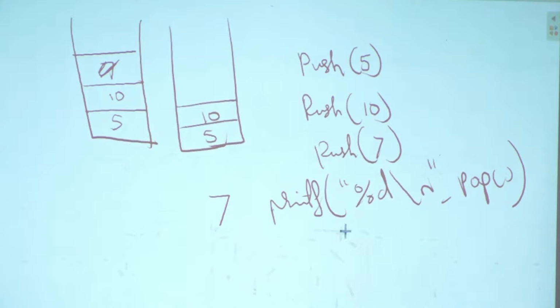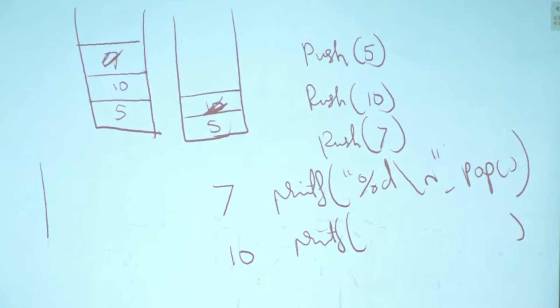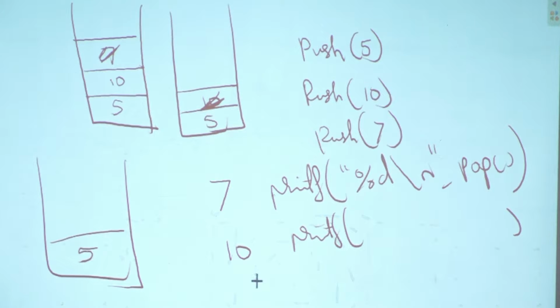Again I say the same printf, exactly the same printf. Now what should appear on the screen? 10. And conceptually my stack has now only 5. Again I say the same printf, I'll get 5. Now I say the same printf again.